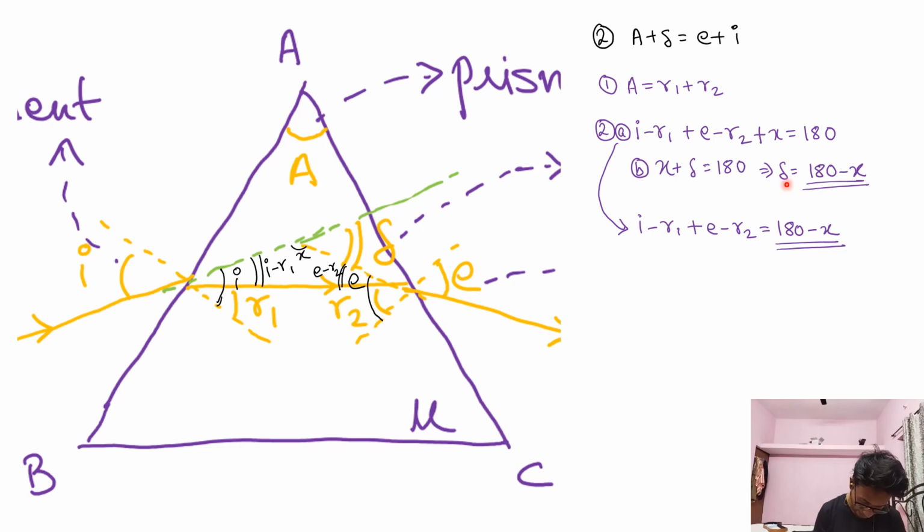So can I say D is equal to I minus R1 plus E minus R2? So by comparing A and B, D is equal to I minus R1 plus E minus R2.